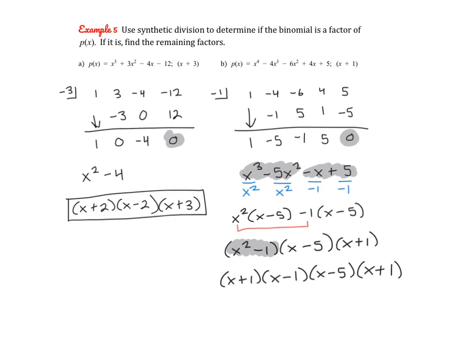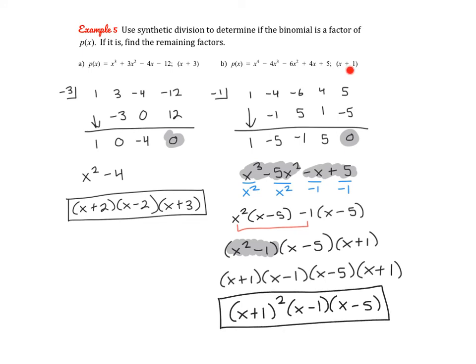And if you really wanted to, since we have the same factor twice, we can write it like this: x plus 1 squared, and then times x minus 1 times x minus 5. So just don't forget about that original factor once you've tested. As long as that remainder is 0, it is a factor and it should be part of your answer.